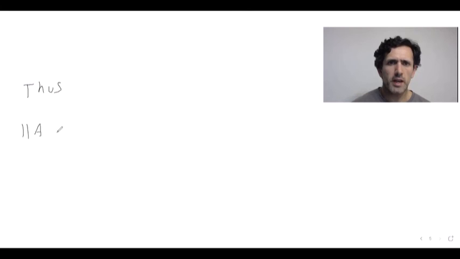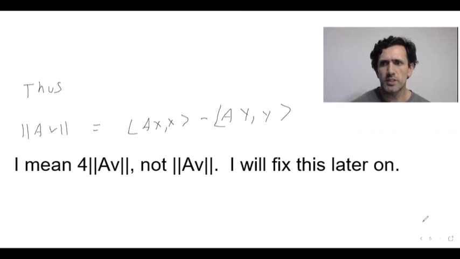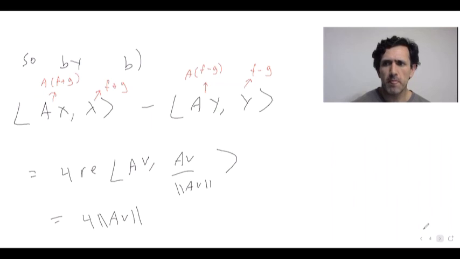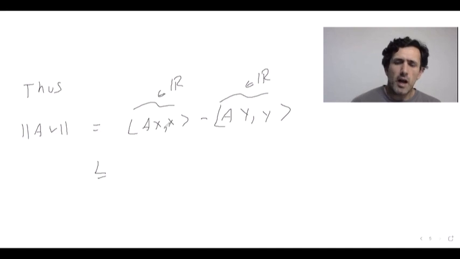So what does this mean? This means that the norm of AV is equal to (AX, X) minus (AY, Y) with this judiciously picked X and Y. Well, this is a real number, obviously.